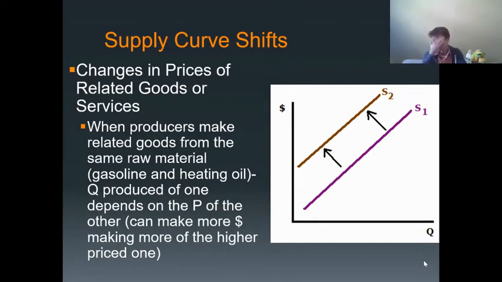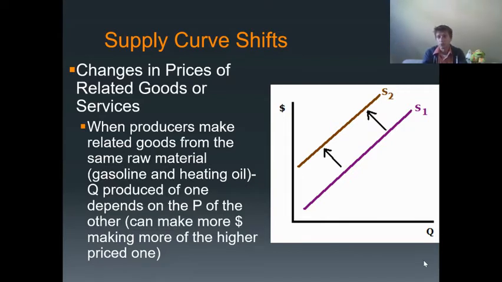Related goods and services, just like demand had related goods and services, supply has related goods and services. This shows up a lot less frequently on the AP test because it gets a little bit more confusing with the wording, as you'll see in just a second. A related good in supply has to do with the production itself.